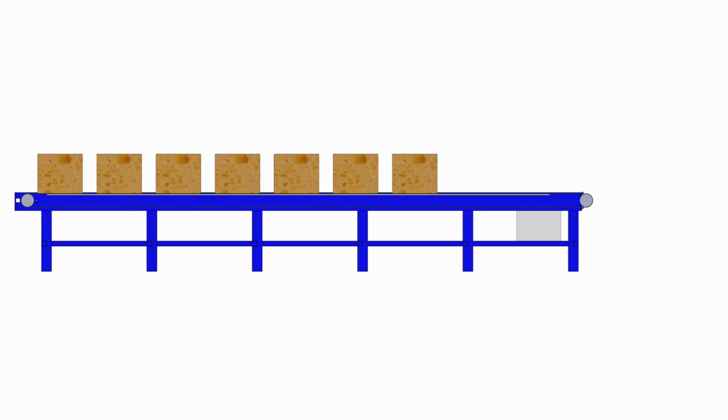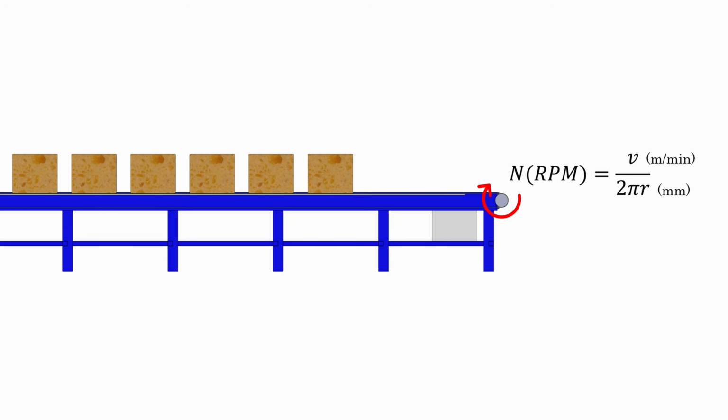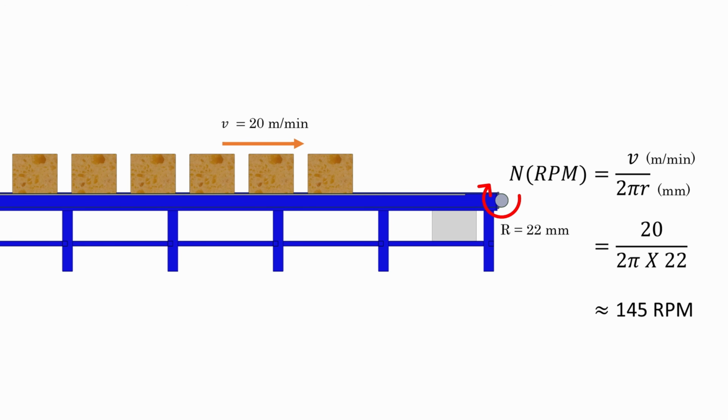Whereas in a belt conveyor, the roller speed in RPM depends on the required conveyor linear speed and the radius of the driving roller. For example, in this belt conveyor, for a belt speed of 20 meter per minute and a roller radius of 22 millimeter, the required operating speed comes around 145 RPM.